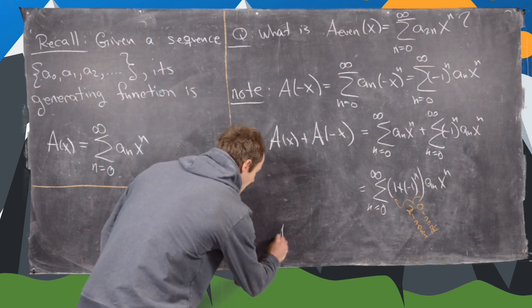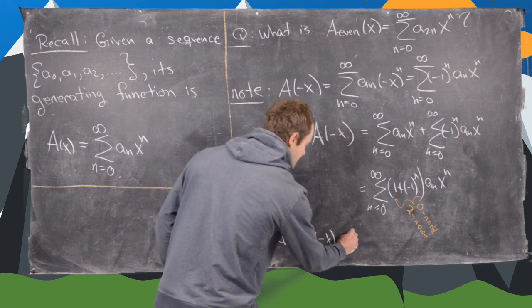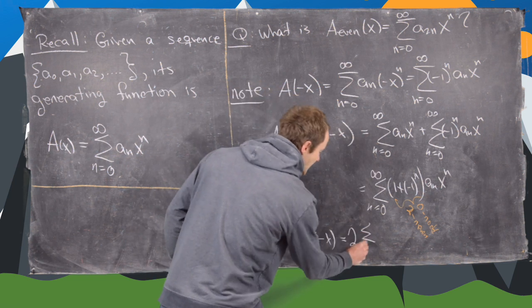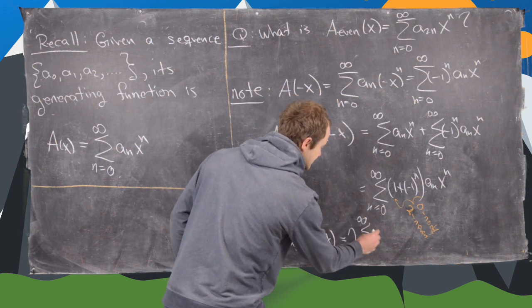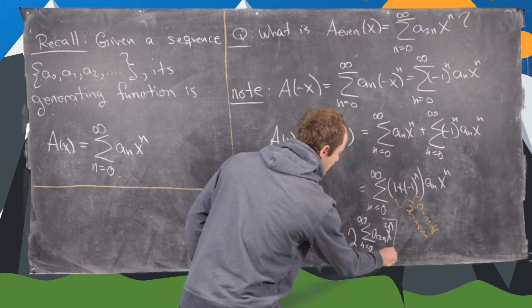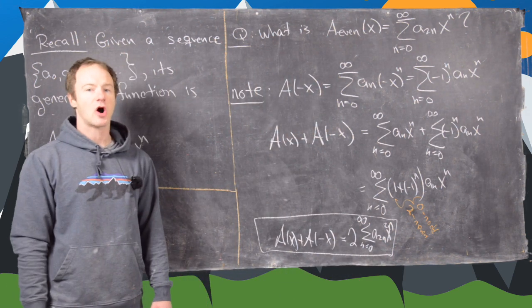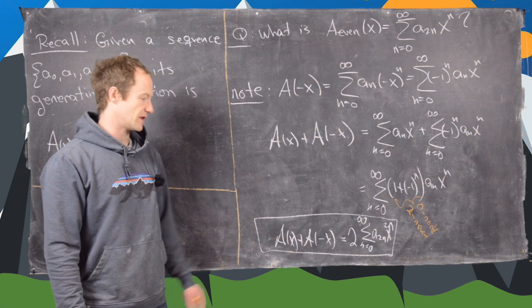That means A(x) plus A(-x) is going to be equal to twice the sum of just the even terms, so a_2n x^2n. Good. So now we're almost to the formula that we want.